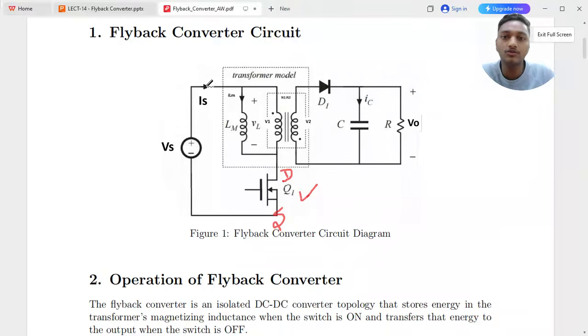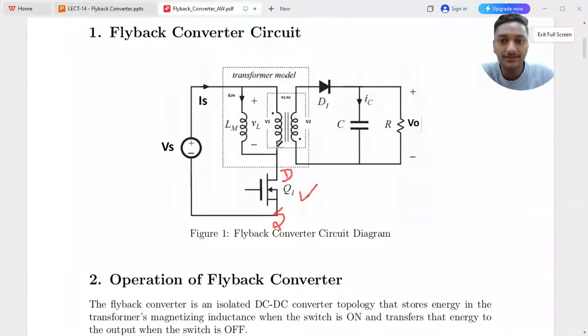You should not make that mistake in future, because this source is always with respect to ground. So the source should be connected to the ground. If you connect the switch here, your drain is connected to the positive supply, but your source is connected to the transformer, and that should not be the case. In this topology it should always be connected with respect to ground. So keep that mistake in your mind.